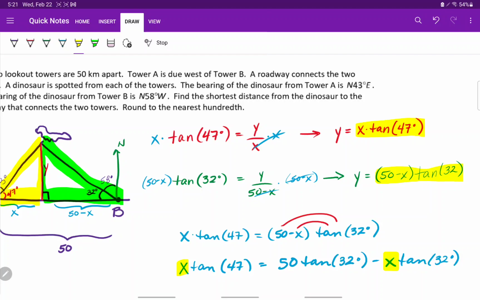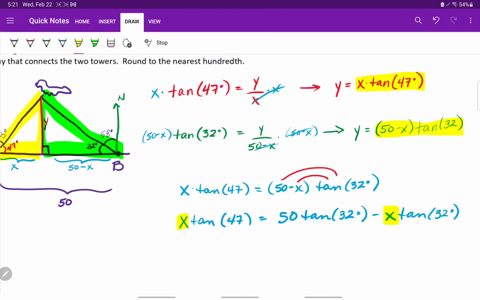Next, we want to get all the terms containing x on one side of the equation and all the terms that don't have an x on the other side. So we're going to add this over. Now, this is not a like term with this x tangent of 47 degrees that we have here on the left, so we're just going to have to write them next to each other.